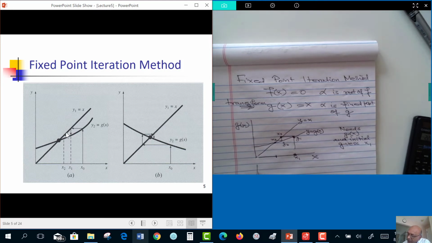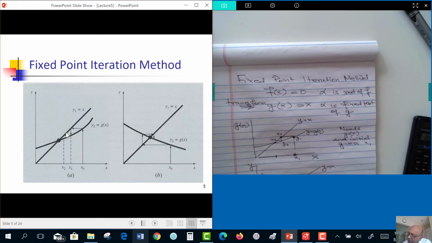Let's see another particular case. So again, we have y is equal to x, 45-degree line. And then we plot our y is equal to g of x. So this is now our fixed point. So let's see, we start with the initial guess, x1. So we compute g1. g1 becomes x2.